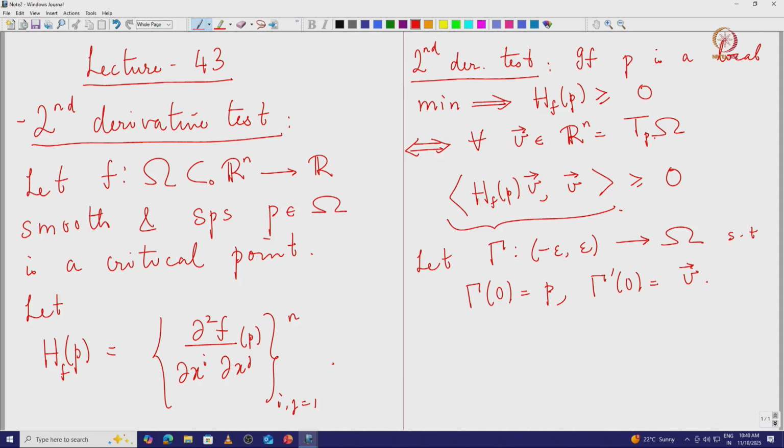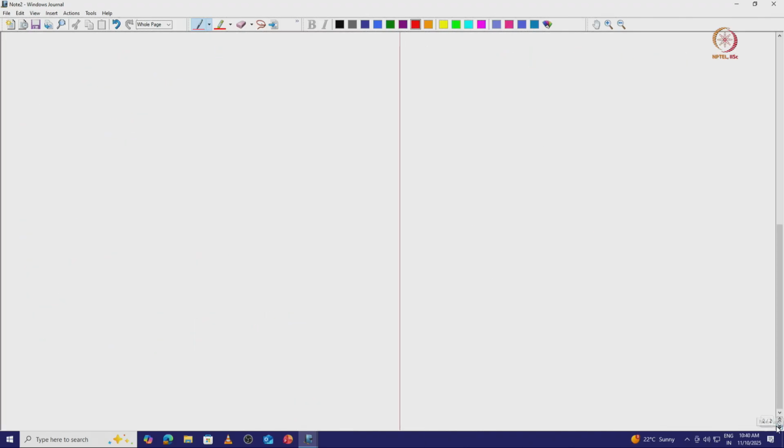Then a simple calculation, basically using the chain rule twice, shows that this is simply d squared by ds squared at s equals 0 of f composed with Gamma of s.